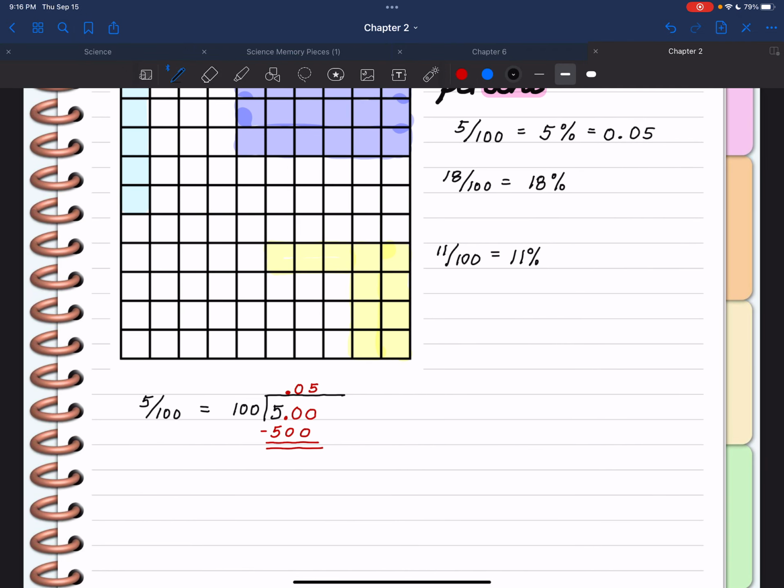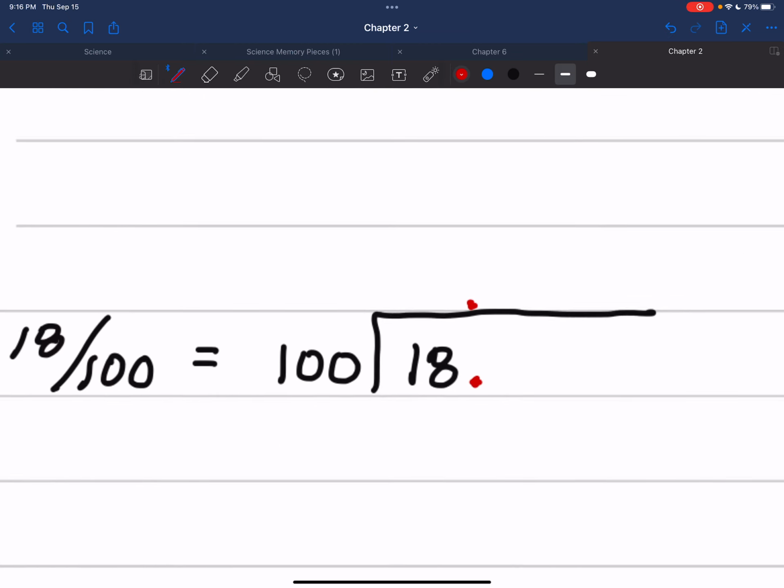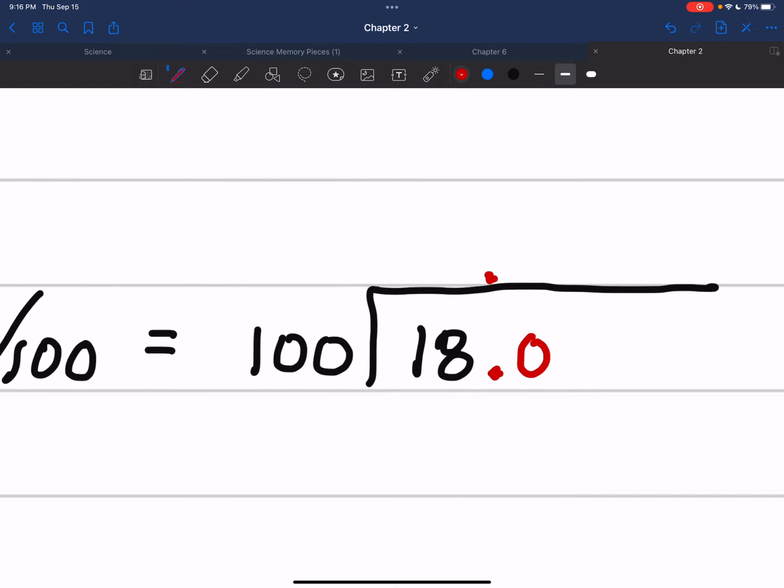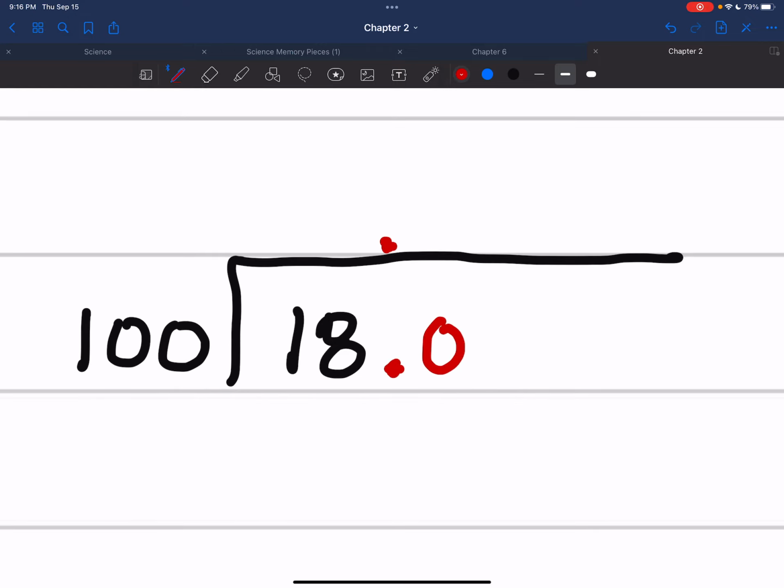Okay, let's look at 18 hundredths. So we have 18 over 100, and so we will put the 18 in the house and 100 outside the house. Add a decimal. 100 cannot go into 18, so we'll add a 0. 100 into 180 goes 1 time. 1 times 100 is 100.